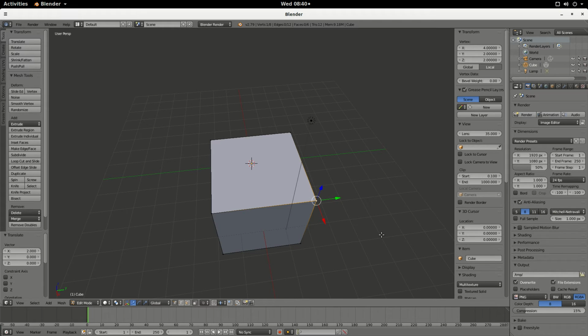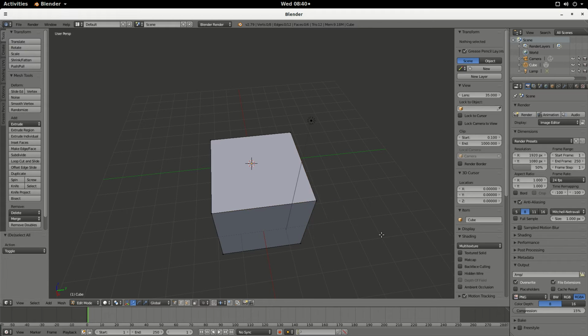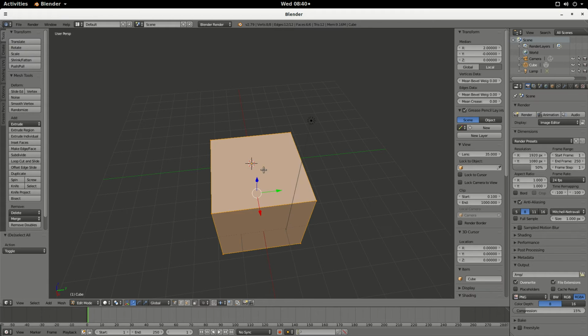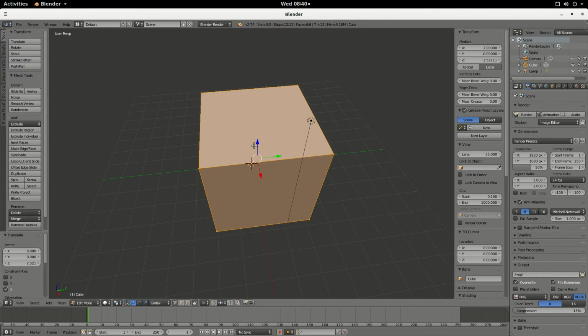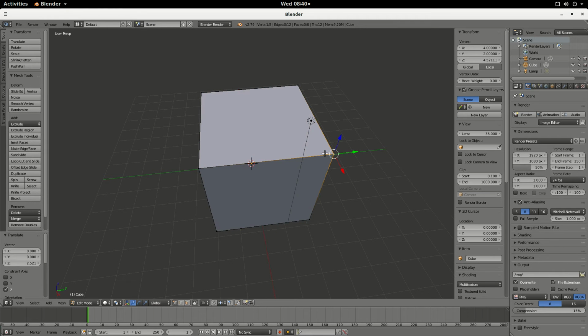So just to show you that it is indeed the case, let me select all these vertices, and I'll just move along the z-axis. Alright, so you see that this is coming up, and if I click on this point now, you'll see that the z value has changed, and the other things haven't changed.